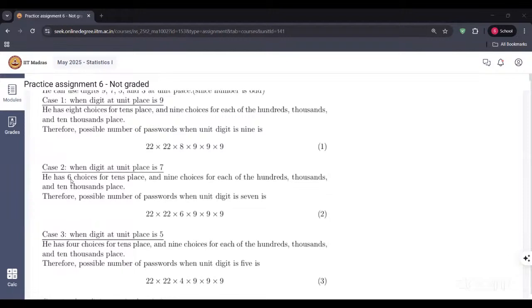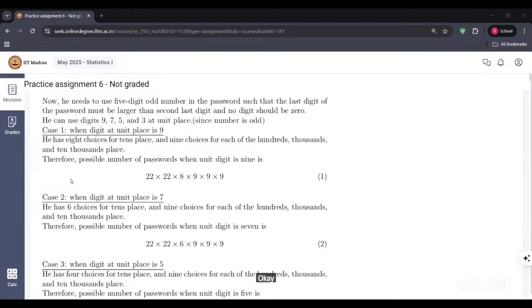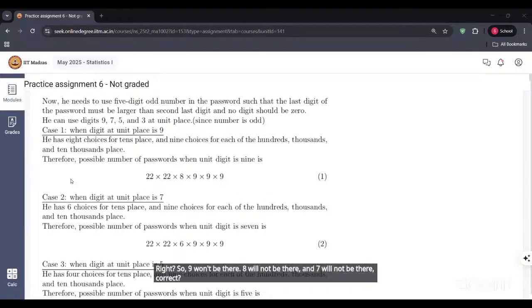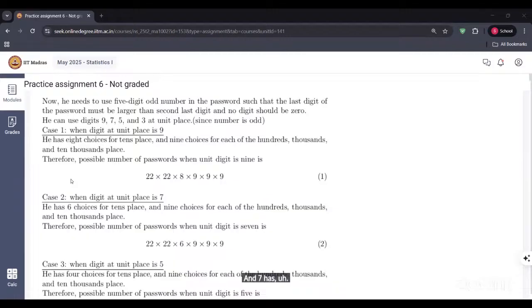How 6 choices? If I'm taking 7 as the units place, then 9 won't be there, 8 will not be there, and 7 will not be there, and 0 cannot be there as well. So in total, how many numbers are left? 6 only. The rest of the digits are the same, so it will be 9 into 9.